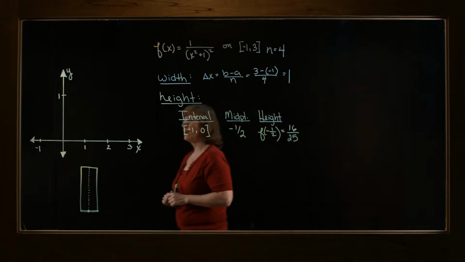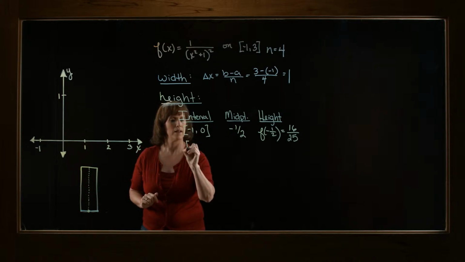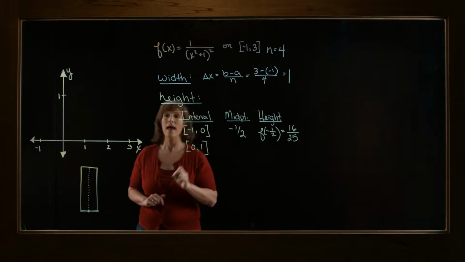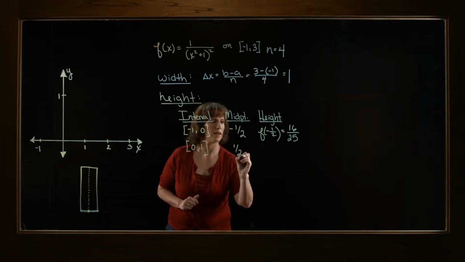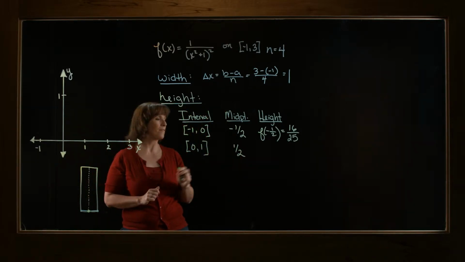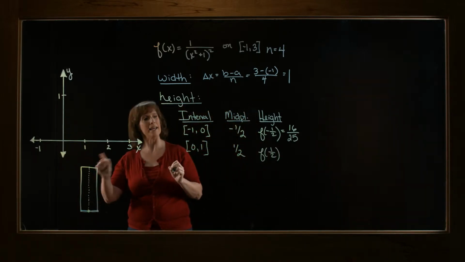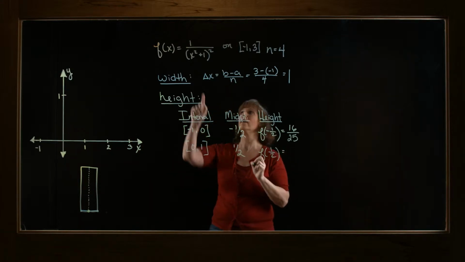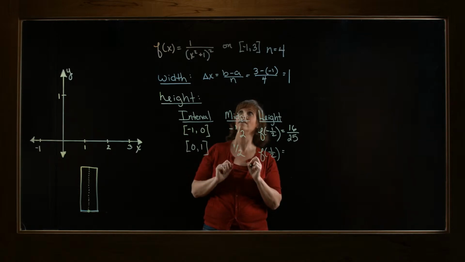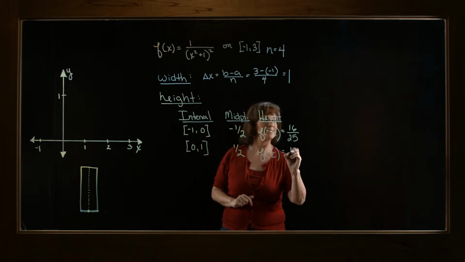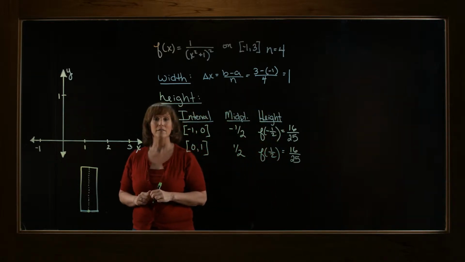In a similar way, we'll look at the next interval. I'm going from 0 to 1. And the midpoint of that interval is going to be 1/2. Plugging 1/2 into my function, because that will calculate the height, I'm going to have 1/4 plus 1, that's 5/4 squared, and then 1 over that value is again 16 over 25.